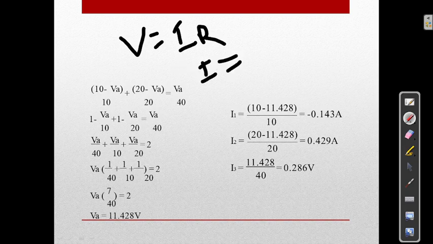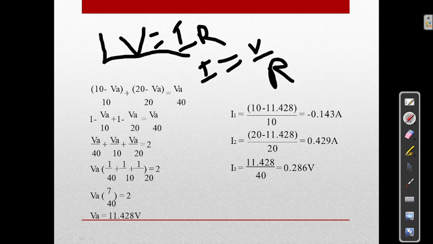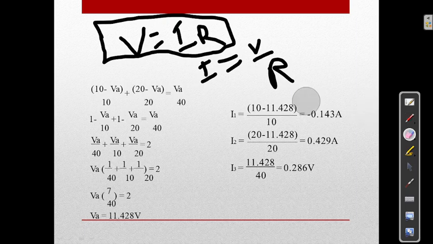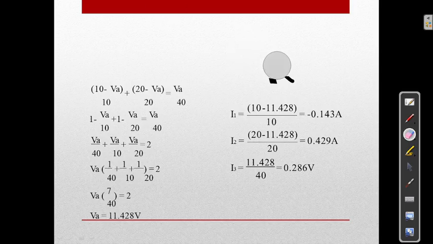I is nothing but V by R. We have to remember this formula always, as I said before. We will use Ohm's law everywhere in electrical. So V equals IR, and if we want to know I, that is equal to V by R. We will substitute this over here.